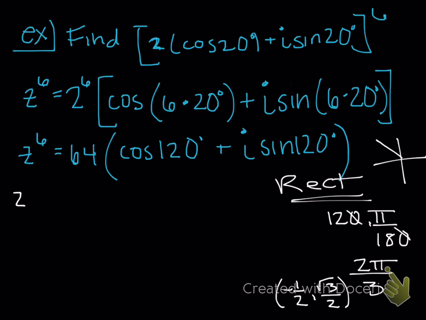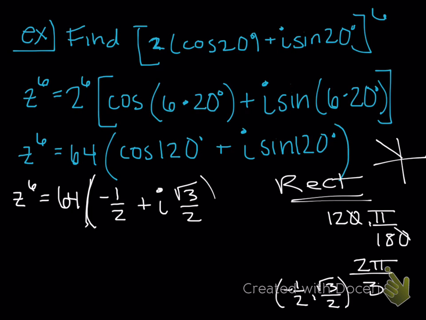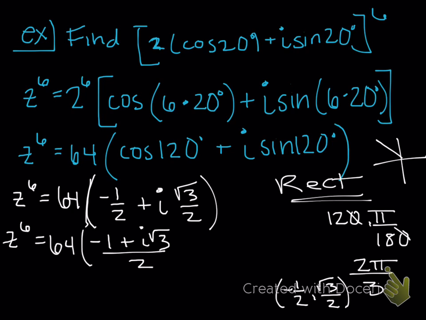So I need to take that back into the problem. So cosine of 120 means cosine of 2 pi over 3, and that will be replaced with negative 1/2 plus i times sine of 120 will be root 3 over 2. I have common denominators here, so I can write this as negative 1 plus i root 3 all over 2.